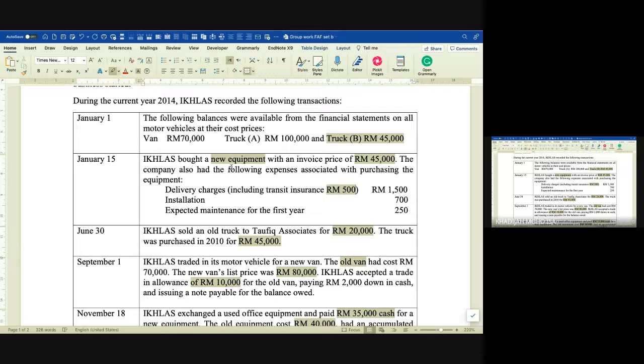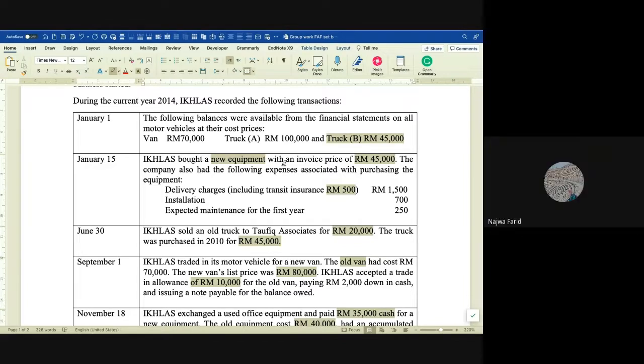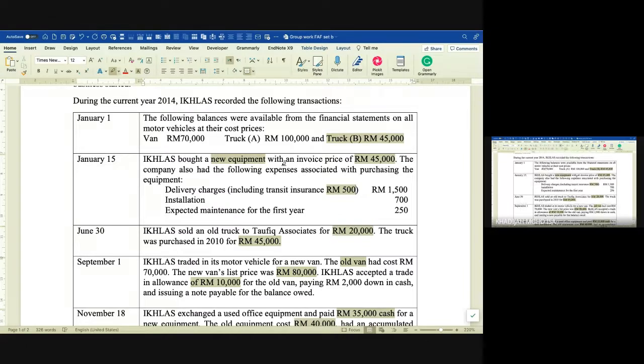It's an asset, so there's an increase in asset. So you debit your new equipment. How much is the cost? How much was the cost just now? 47,200. Yes, 47,200. So you have shown the cost initially in the first part. So you have new equipment 47,200.